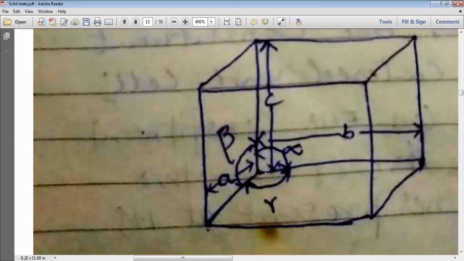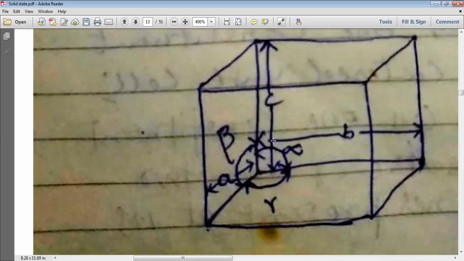In the same way, you can see there are lengths. This is the length of the unit cell in each direction. We give various names to these lengths.